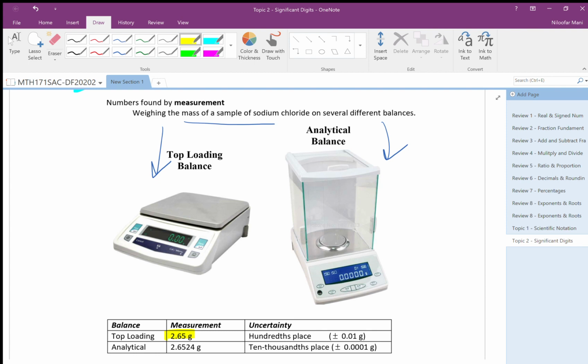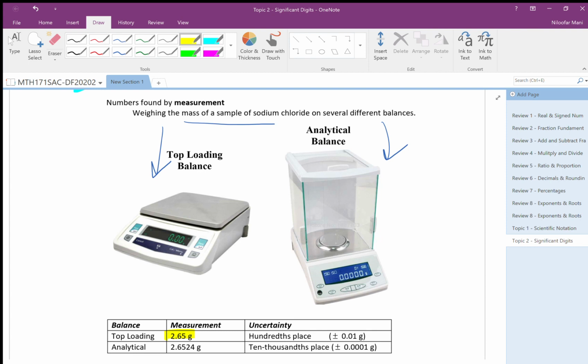The other one, however, shows me 2.6524. It doesn't mean after 5 is 0. No, the other one is designed to show 4 digits after the decimal, so that's more precise. It's showing me more digits after the decimal. That's why we say they are not exact, because it depends on the device.